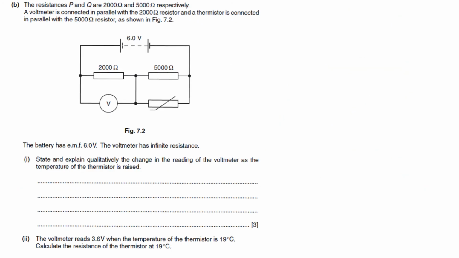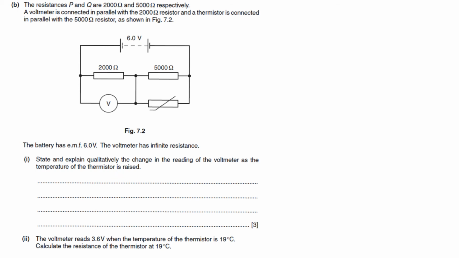So the next part asks you, if you're given your circuit, and then you know these two resistances, alright, and they give you, what else? There's a thermistor here, and the voltmeter has infinite resistance. State and explain qualitatively the change in the voltmeter reading as the temperature of the thermistor is raised.